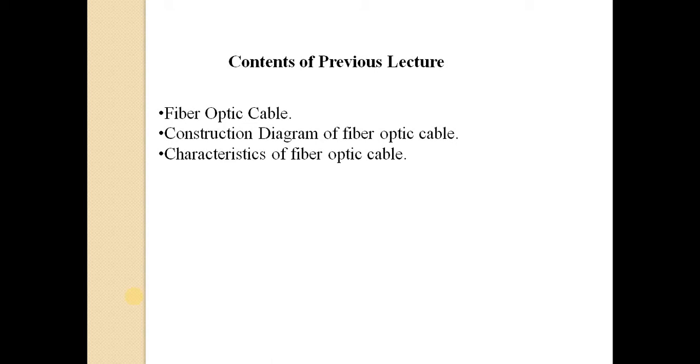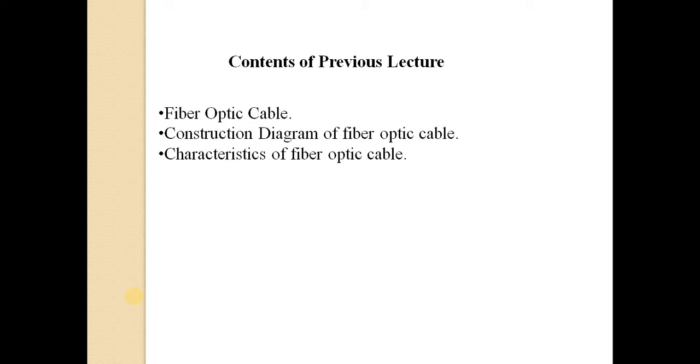Next is less error. Means not affected by electric interference. Means it has a much lower attenuation. It has data rates from 100 Mbps to 2 Gbps, means that it can provide extremely high bandwidth in the range from 100 Mbps to 2 Gbps, because light has a much higher frequency than electricity.